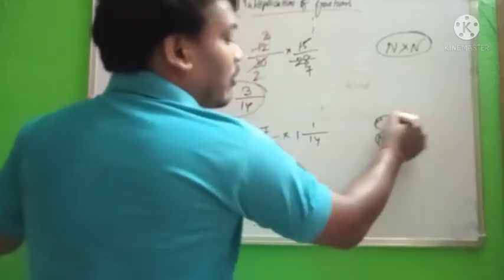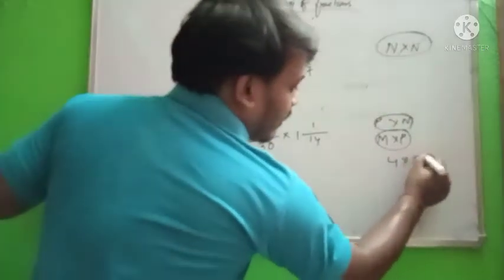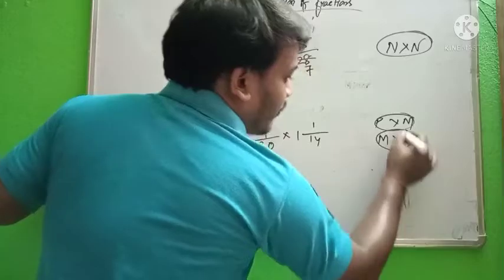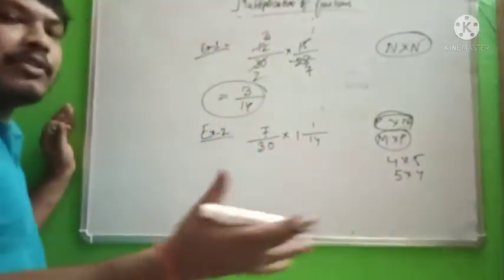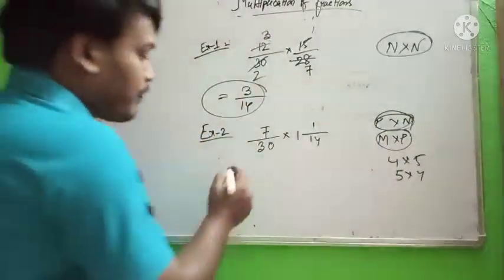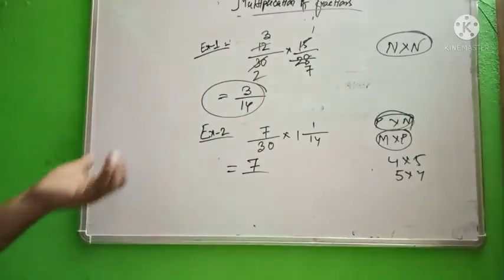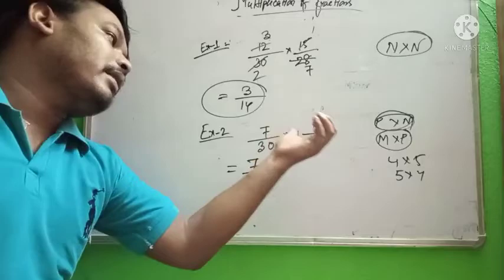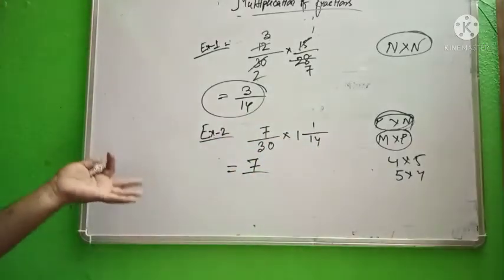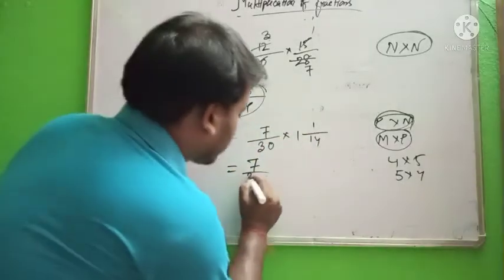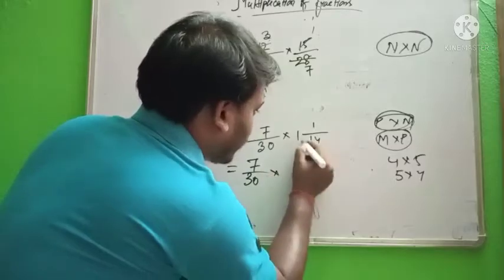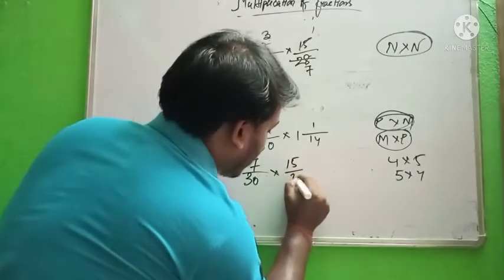Since multiplication is commutative, like 4 into 5 and 5 into 4, both cases are the same. In this case we need to convert the mixed fraction into an improper fraction. After that, a similar process. So 7 by 30, and 15 by 14.